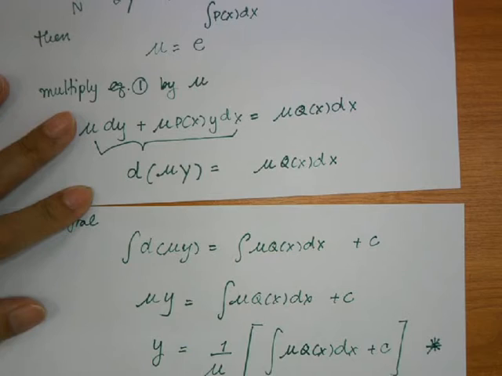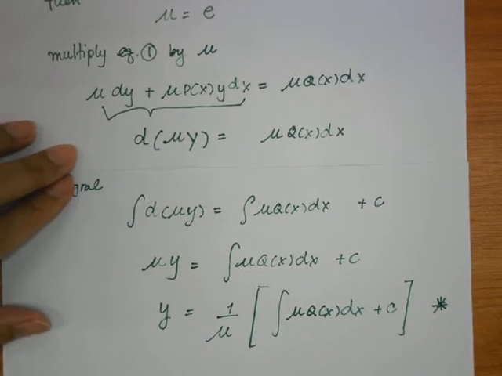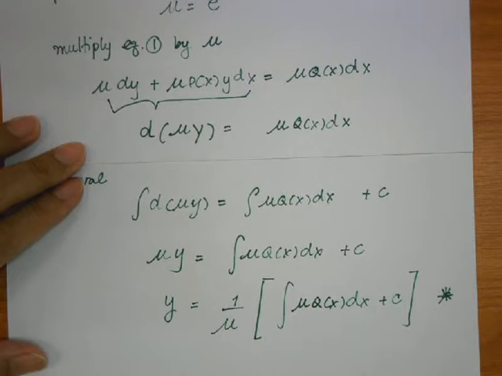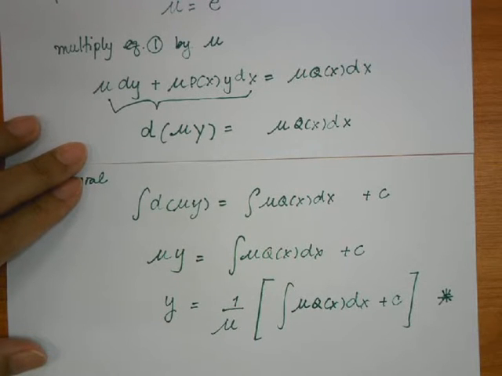That is the solution. So when you have a linear differential equation, you can use this formula to find the answer. But you need to define what your integrating factor is and what your q(x) is. And then you just plug it into this equation and you'll be able to find the solution.